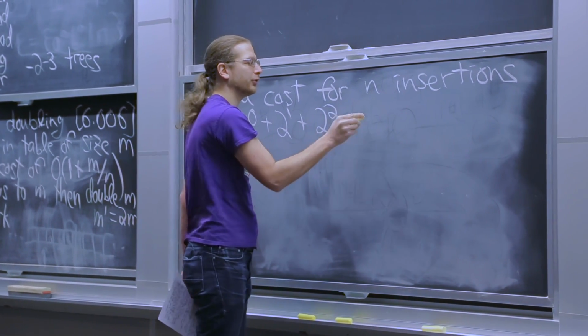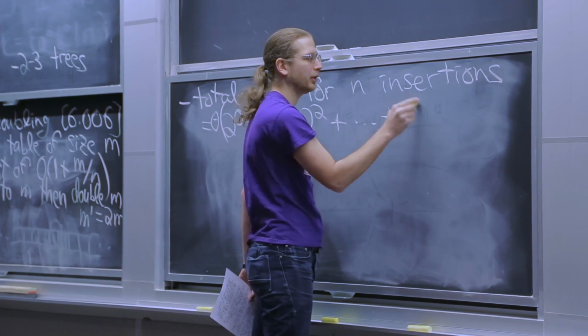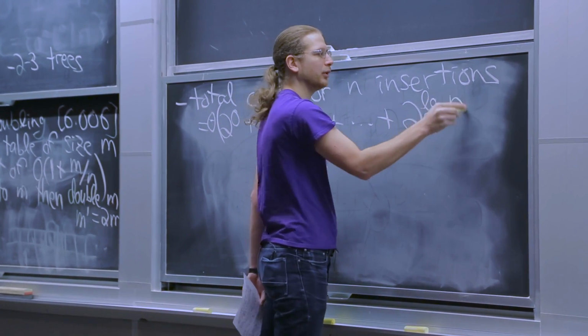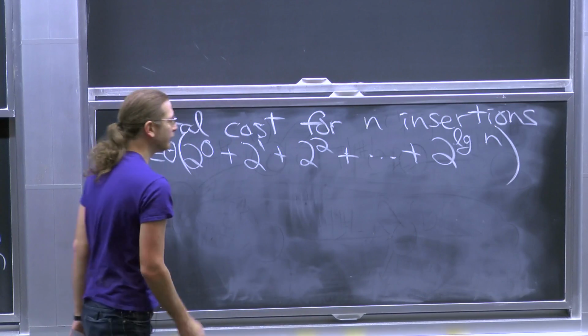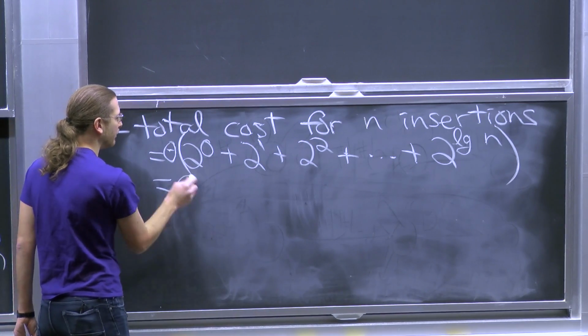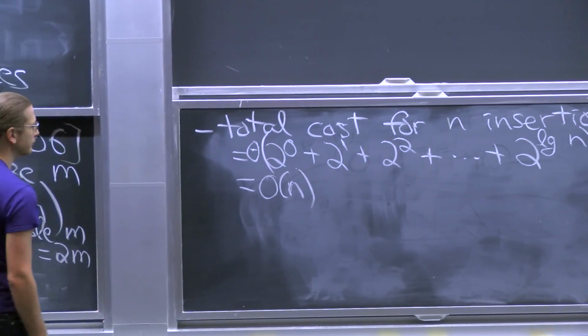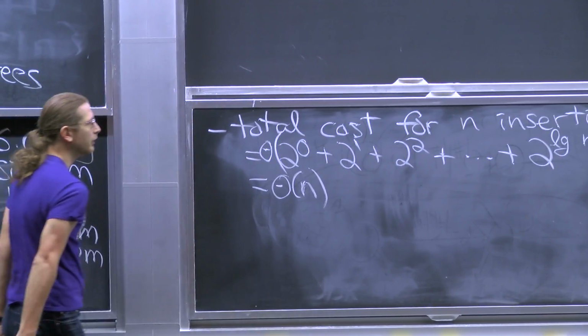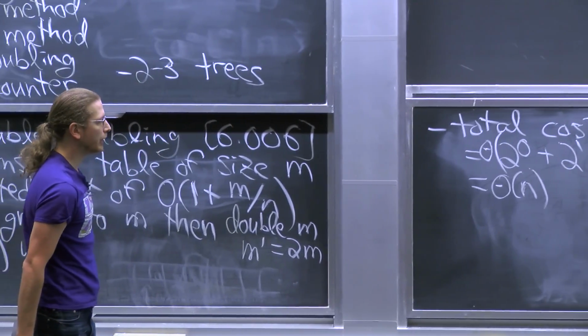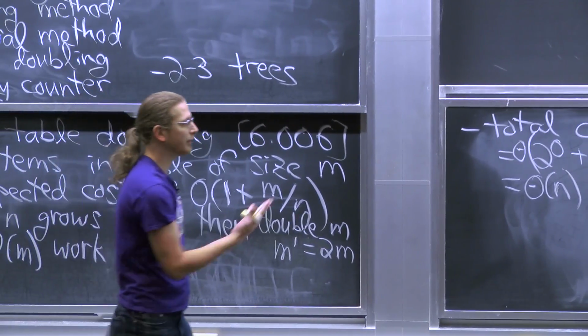If we're only doing insertions, this is great. This is a geometric series, and so this is order n. Theta n, I guess. So to do n insertions costs theta n.